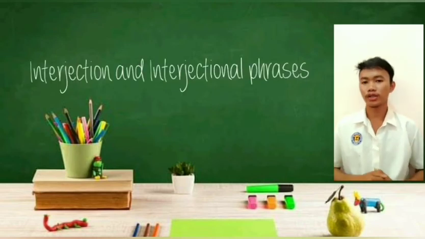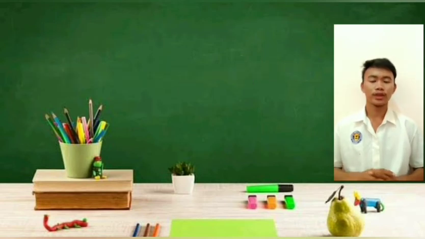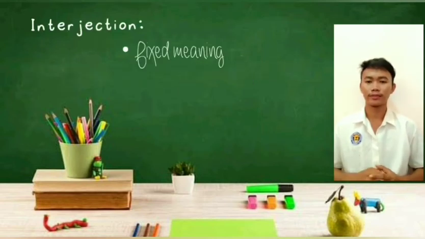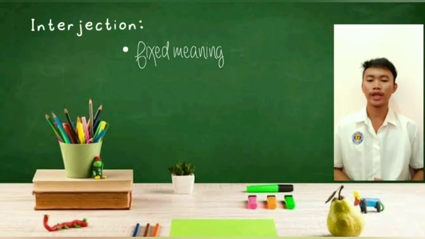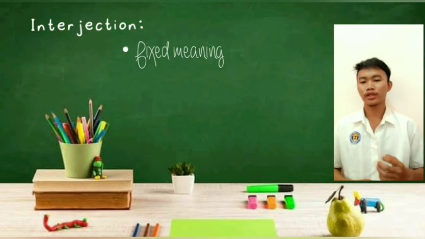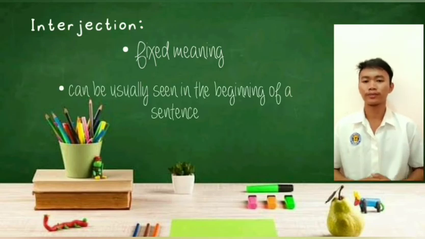So let's go back to interjections and interjectional phrases. Interjections have fixed meanings. It means that whenever they are used, the listener can automatically understand the feeling or the emotion of the speaker. And these interjections usually come out at the beginning of a sentence.